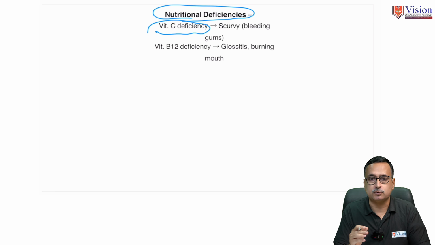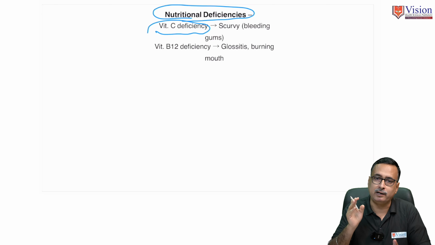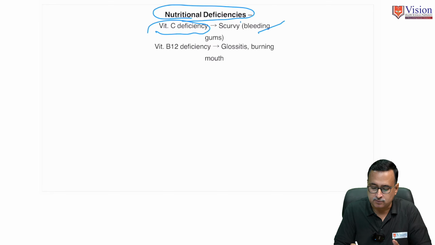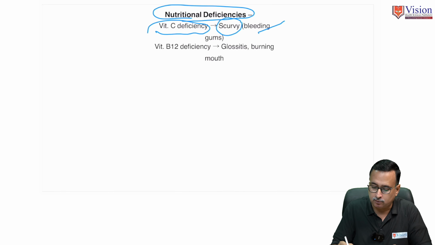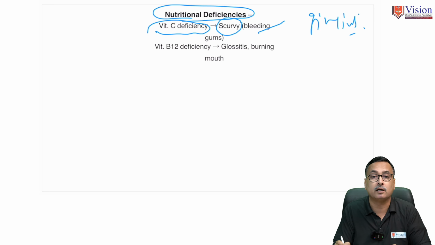The gingiva becomes swollen, inflamed, and can bleed easily upon mild mechanical pressure by brushing or by food. This leads to spontaneous, profuse bleeding. This we call scurvy. As we discussed earlier, this bleeding tendency is a part of gingivitis.